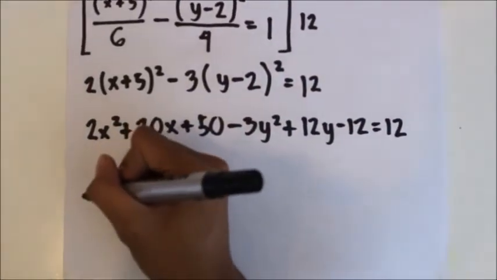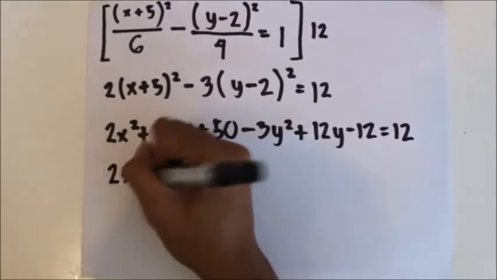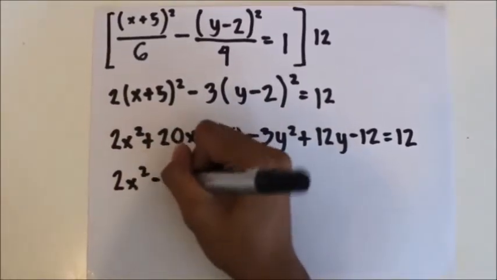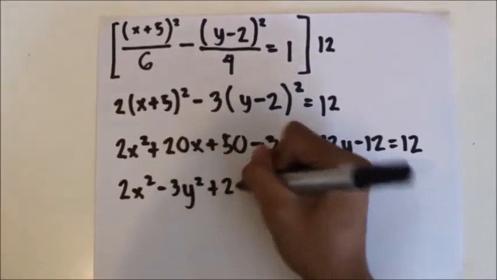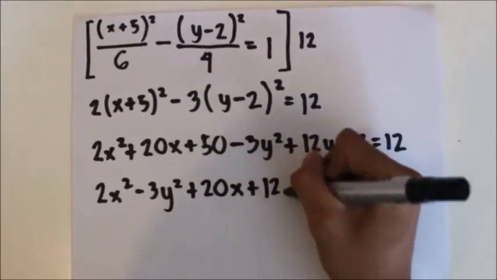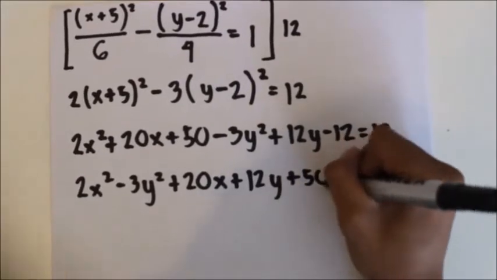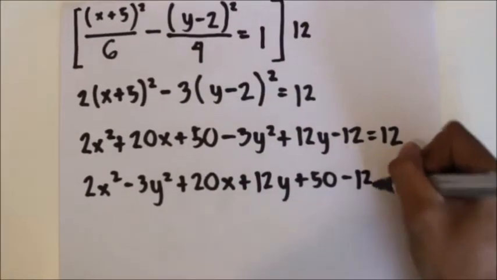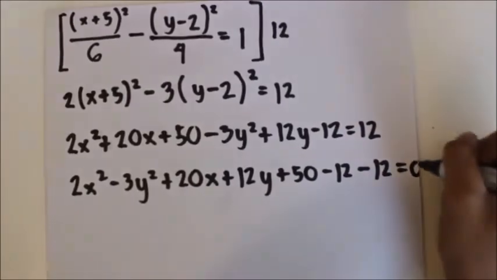Then we transfer all of the constants to the left side and arrange them by degree, which gives us 2x squared minus 3y squared plus 20x plus 12y plus 50 minus 12 minus 12 is equal to 0.